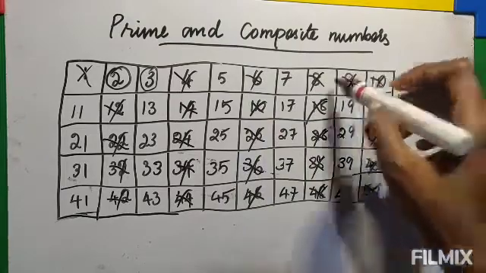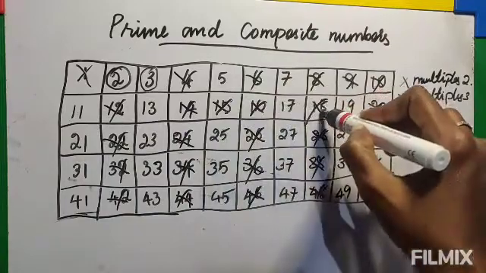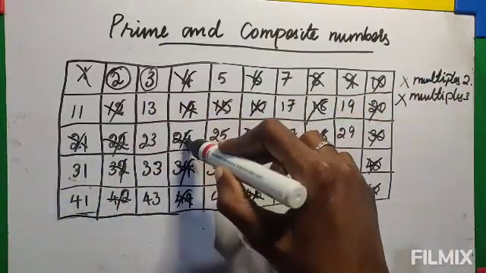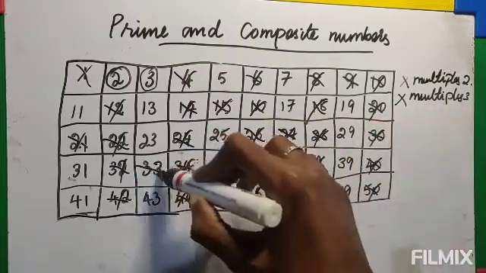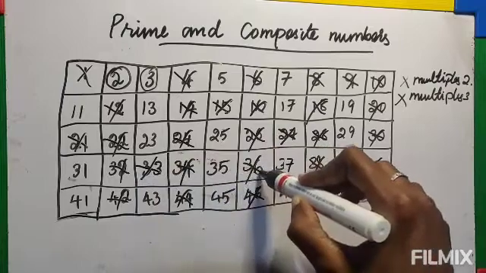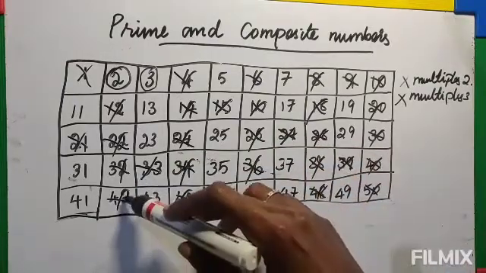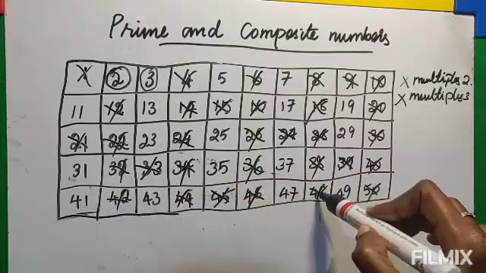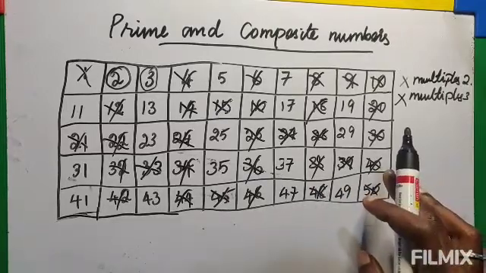Now 9, then 12, 15, 18 is crossed out, 21, 24 is crossed out, 27, 30 is crossed out, 33, 36 is crossed out, 39, 42 is crossed out, 45, 48 is already crossed out. So multiples of 3 are crossed out.